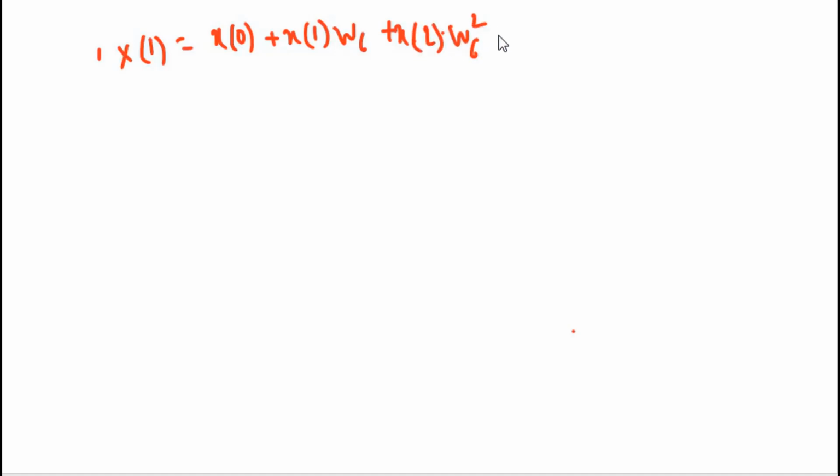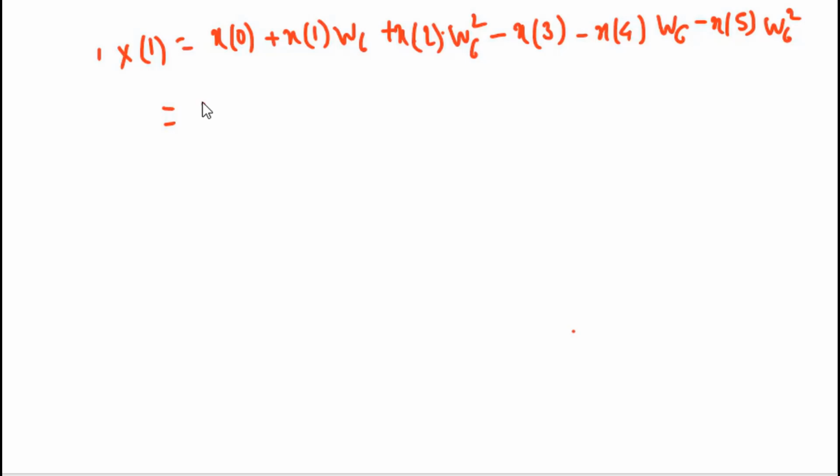So by putting these in equation 2, you will get x of 1 as x of 0 plus x of 1 times W6 plus x of 2 W6 squared, minus x of 3, minus x of 4 W6, minus x of 5 W6 squared.